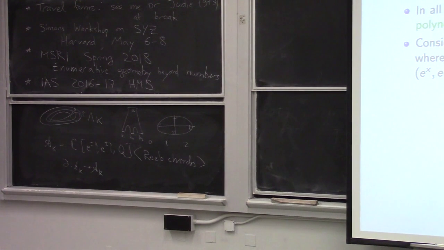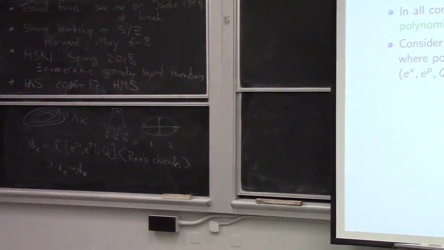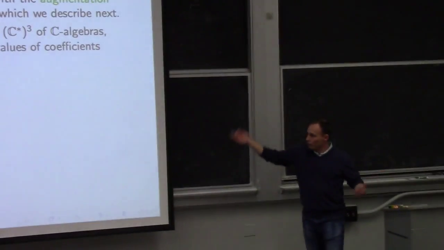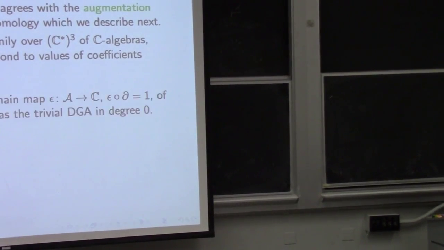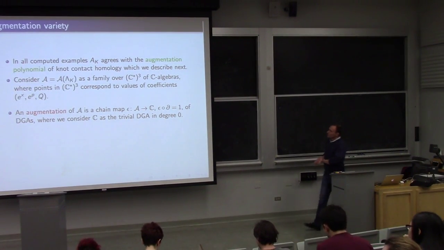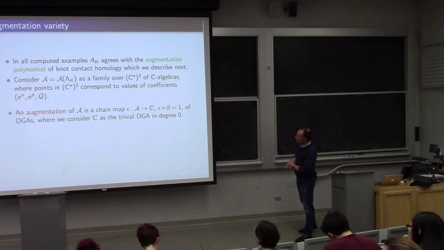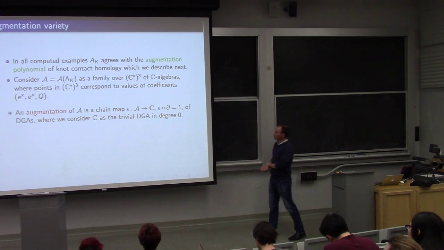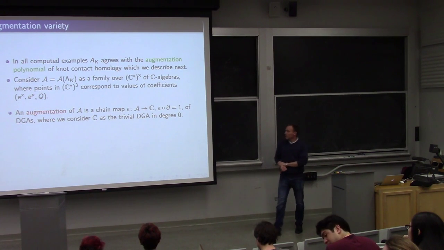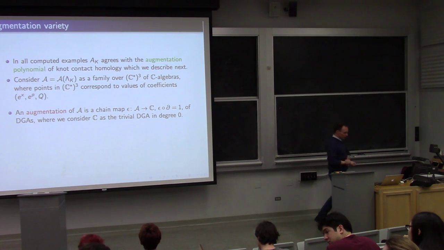Now, you can think about it as a family of DGAs parameterized by the coefficients, and we're looking at the locus where we have augmentations. An augmentation is just a chain map, or representation, of this algebra into the complex numbers, where we think of the complex numbers as a very trivial DGA sitting in degree 0.